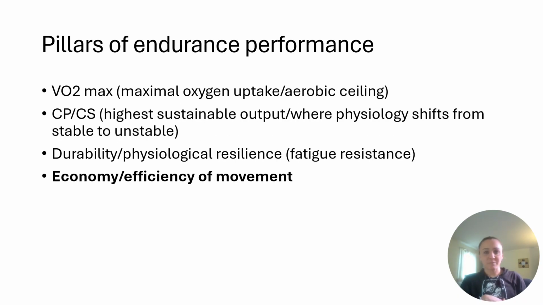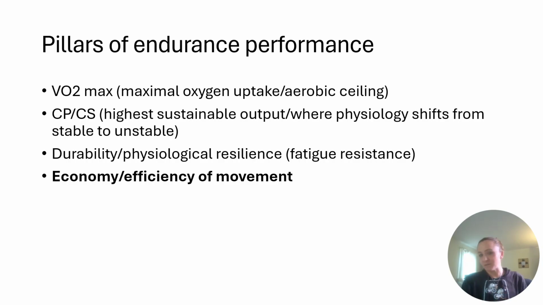Okay, so if we look at our pillars of endurance performance, we have our athlete architecture model we've talked a lot about. In that we have our VO2 max, which is our maximal oxygen uptake, or our aerobic ceiling. We have our critical power or critical speed, which is our highest sustainable output, where our physiology shifts from stable to unstable.